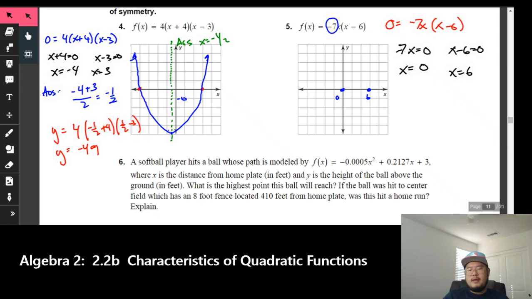It's also stretched out quite a bit. So we have to figure out, first off, where's our axis of symmetry? Okay, so let's do that next. For the axis of symmetry, I've got 0 plus 6, divide that by 2, and I end up with 3. So x is equal to 3, which makes sense, right? The halfway mark right here will be 3, and there is my axis of symmetry.